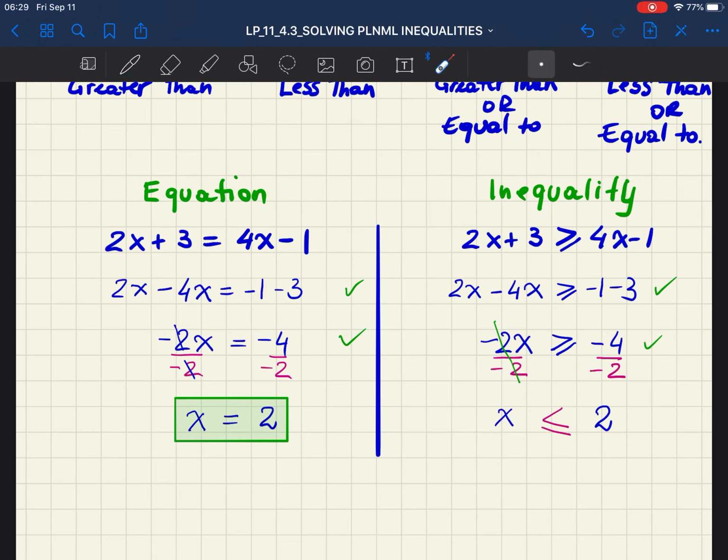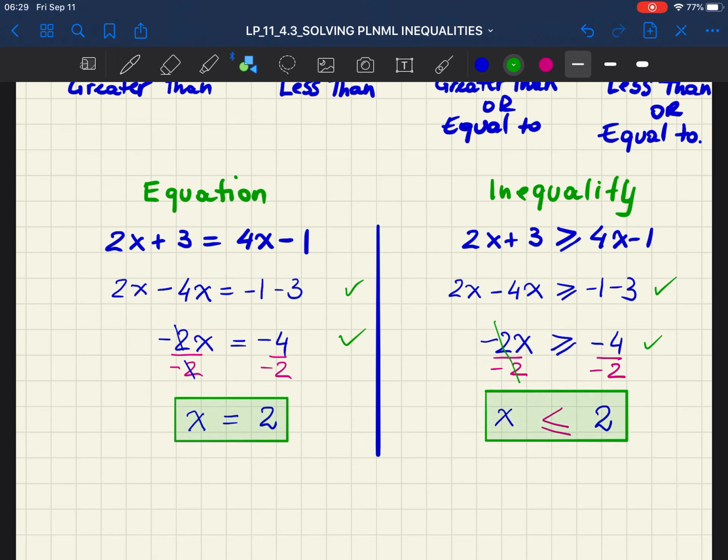In this case, it's bigger than or equal to, and you will have to change this to less than or equal to. We do this because we have divided by a negative number, and this is one of the most important rules that we need to remember when we solve inequalities.